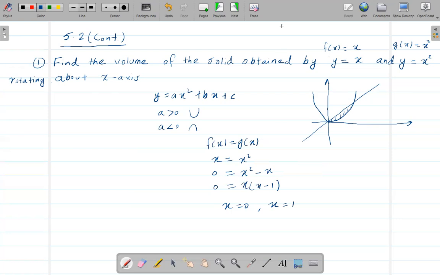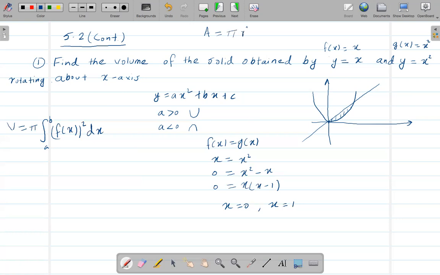Now, since we're trying to find the volume, and as I mentioned in the last lecture, when the region is rotating about an axis, the volume will be pi times the integral from a to b of f of x, squared, dx. It's similar to the area of a circle, which is pi r squared.